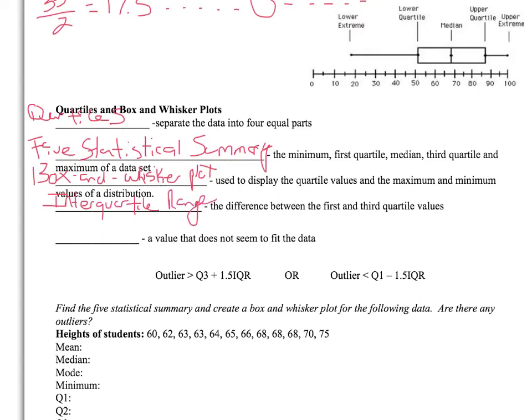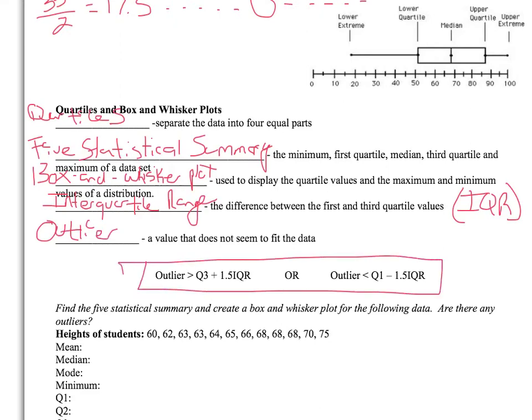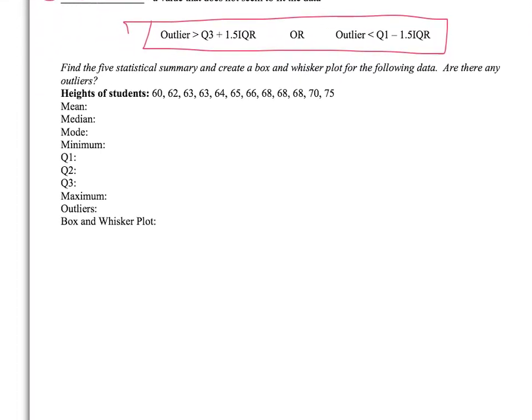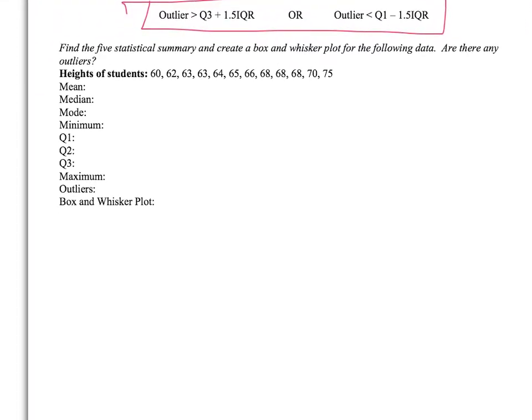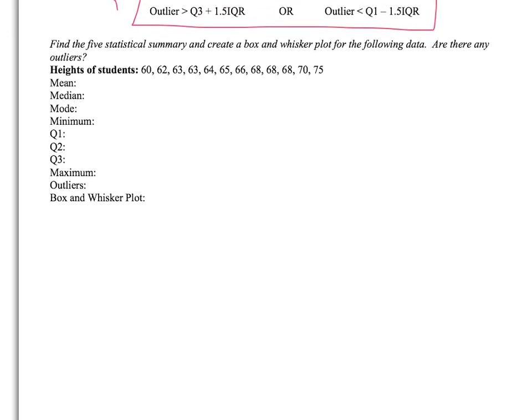For interquartile range we abbreviate it as IQR. A value that does not fit the data is called an outlier. And these are the formulas for outliers. So let's find the following information, and then we will also create a box and whisker plot.